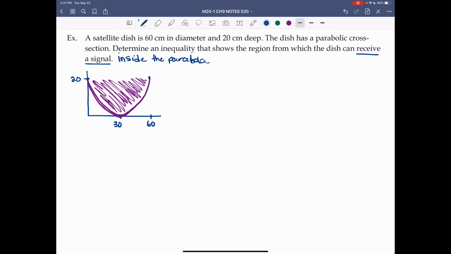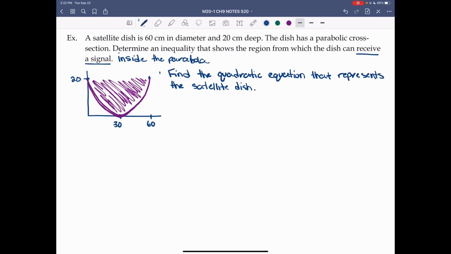What we want to do is first find the quadratic equation that represents the satellite dish, and then second we want to find the inequality sign for the solution region.